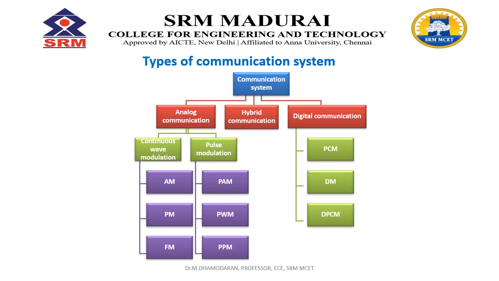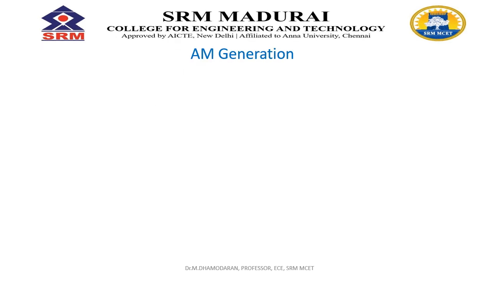On the other side, in digital communication, we have pulse code modulation, denoted by PCM, delta modulation, denoted by DM, and differential pulse code modulation. These are the types of communication systems.